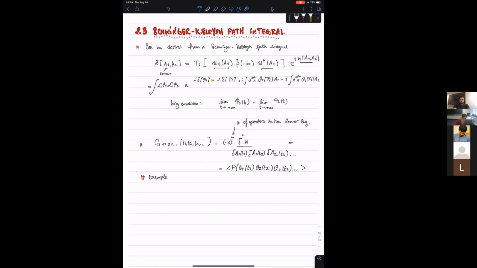So you will get a minus sign because of this minus sign over here and this minus sign over here.